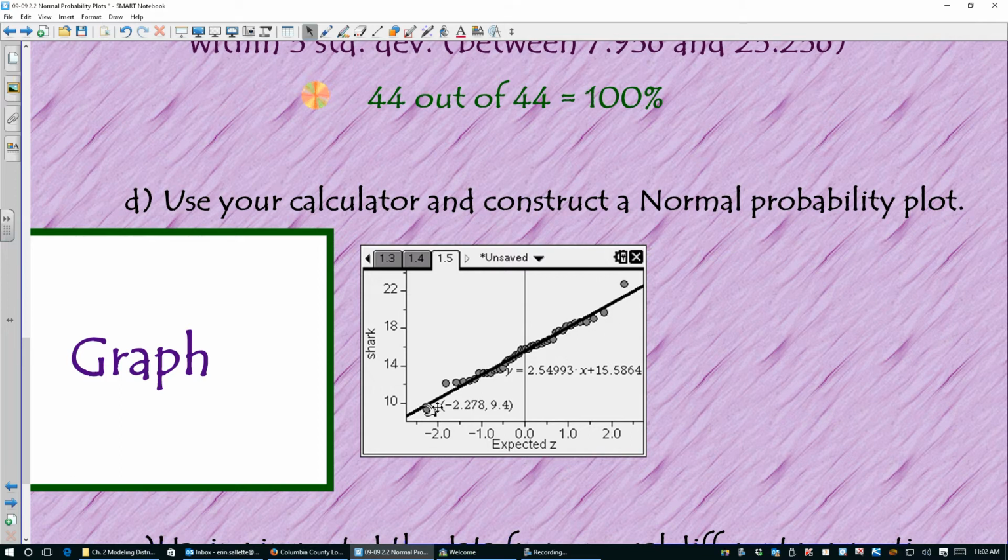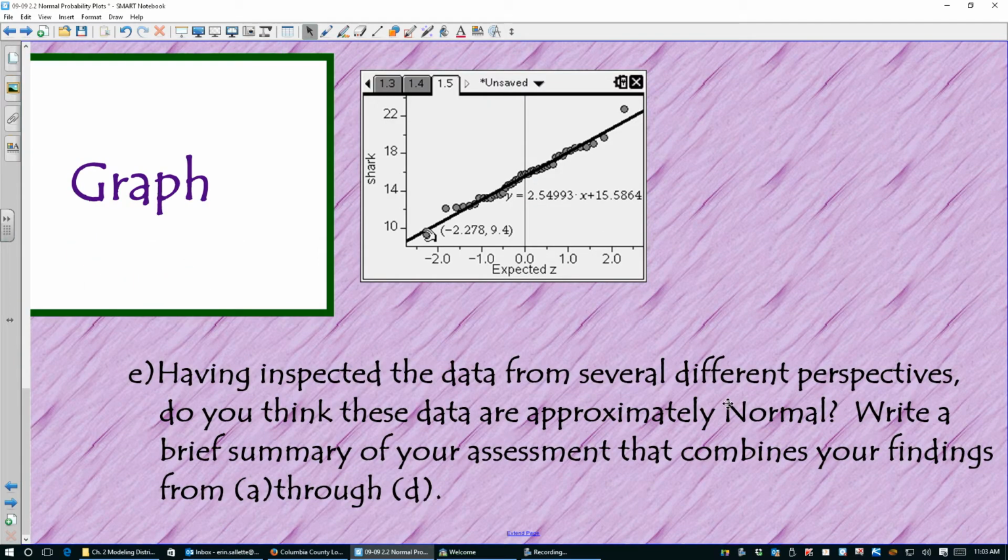So I want you, in your best judgment, using this and the plot that we will do with our calculator tomorrow, to write a summary of our assessment that combines our findings of: does it follow the 68, 95, 99.7 rule, and the normal plot, does it follow a straight line close enough for us to determine whether or not it's approximately normal.